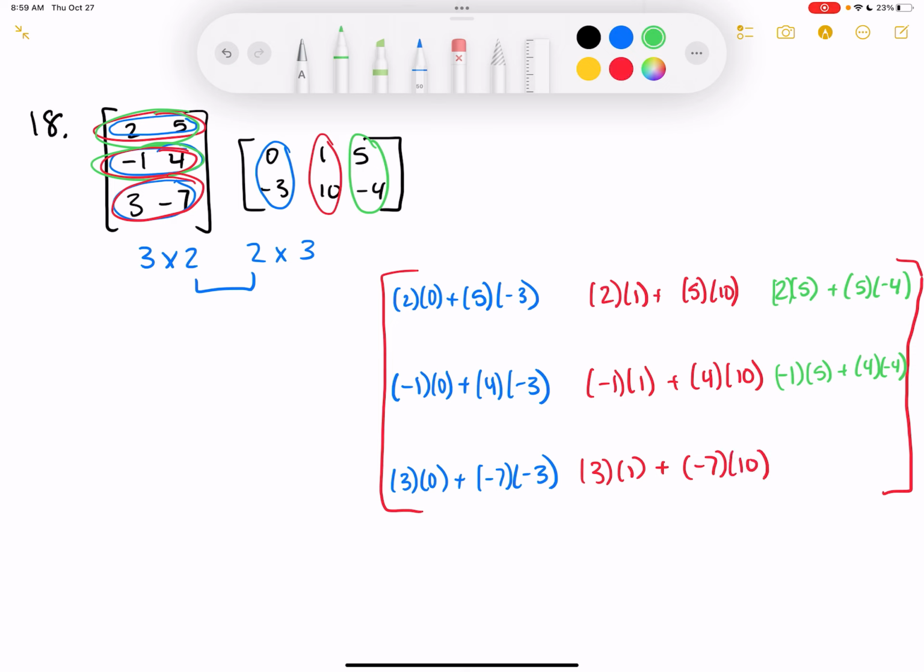And finally, third row, third column, 3 times 5 plus -7 times -4. Now, would you want to do that super often? Well, the good news is, other than this situation right here, you'll get to use a calculator for this problem. I'm not even going to add that up on my own. I'm going to show you how to do it on your calculator.